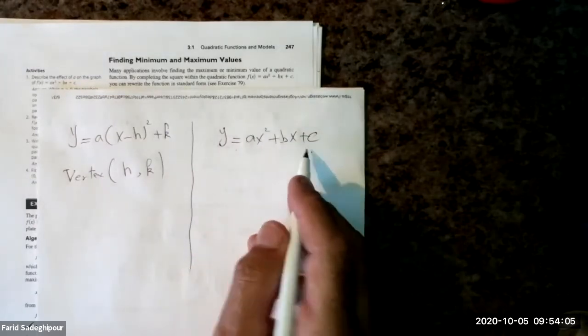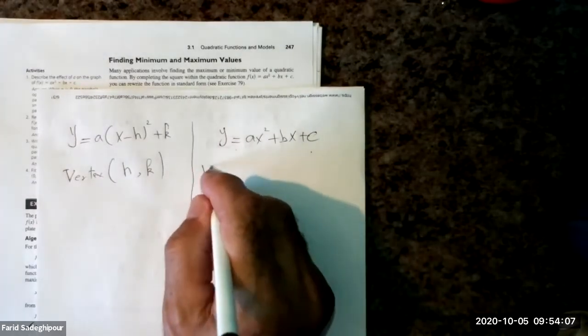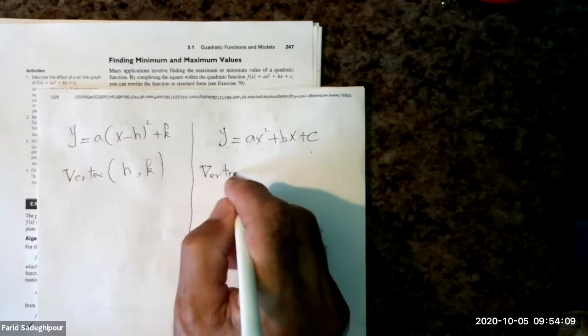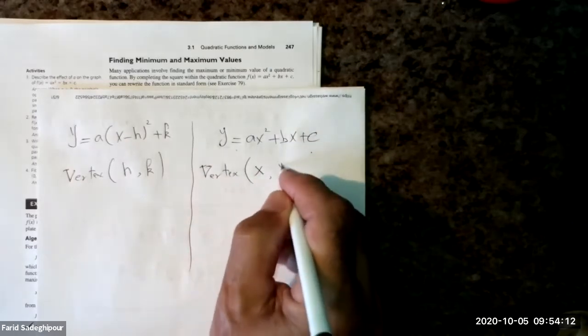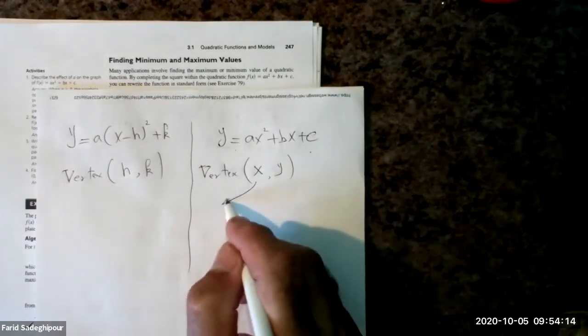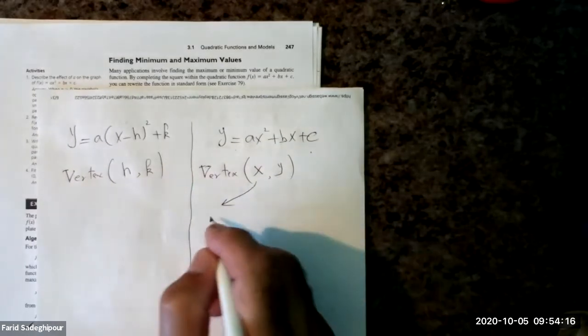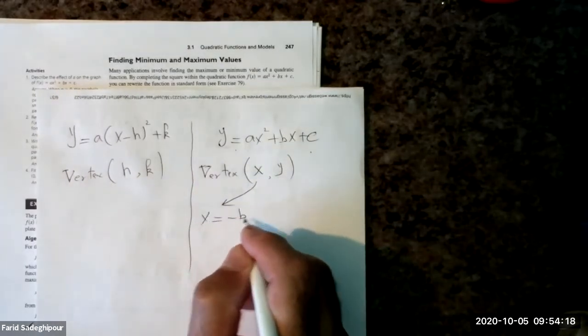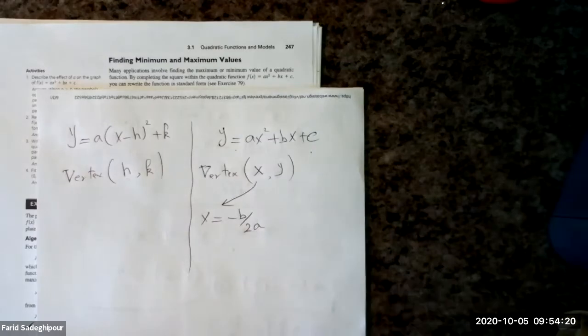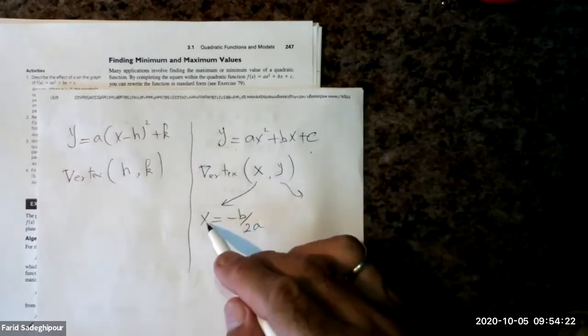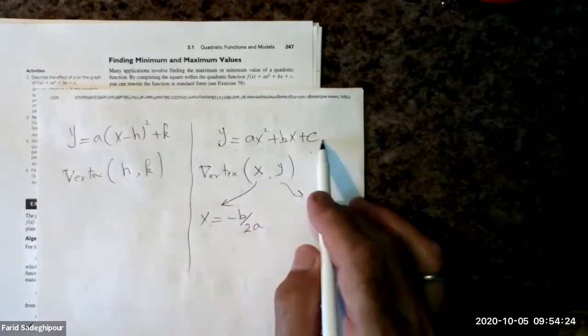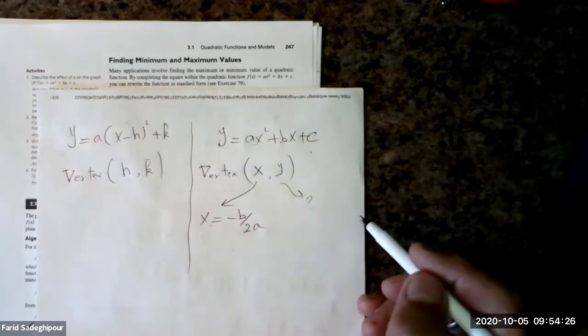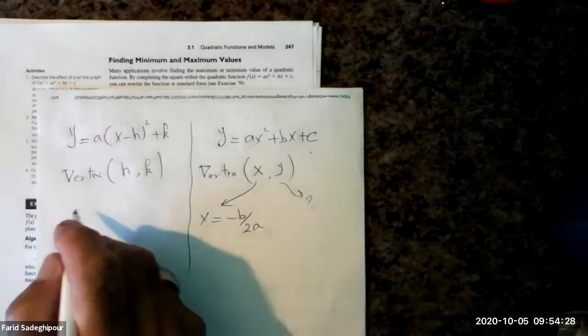If it's written like that, then the vertex has x and y. But x, which is here, is −b over 2a. And how do I find the y? By taking this number when you find it and plugging it into this equation to find your y value. Other rules are the same.